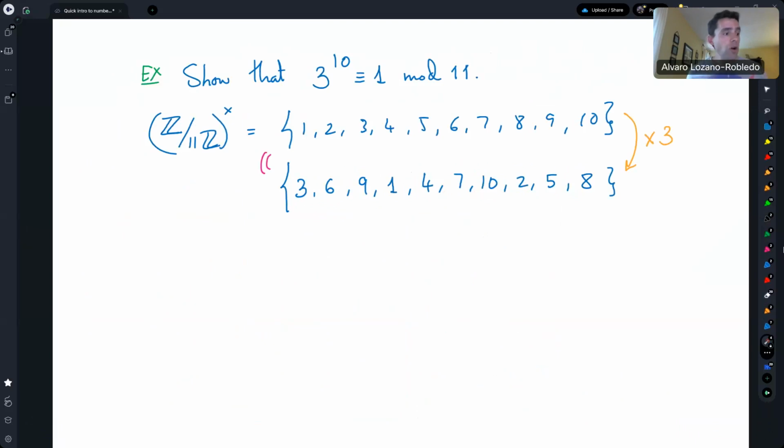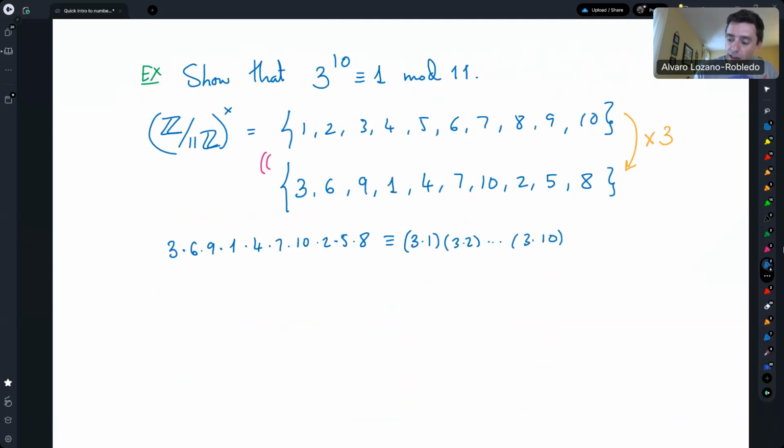Okay, so then what I can do is the following. Multiply all of them together, all of the numbers that I just got. So 3 times 6 times 9 times 1 times 4 times 7 times 10 times 2 times 5 times 8. How much is that? Well, that is 3 times 1, 3 times 2, up to 3 times 10.